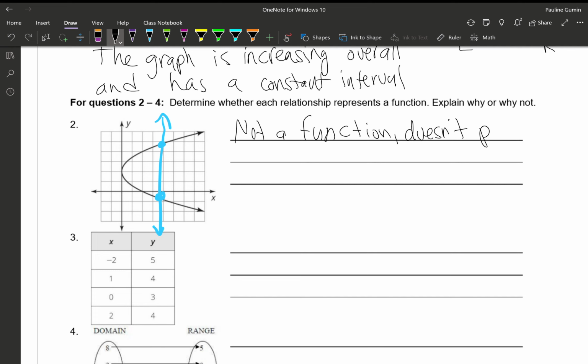Doesn't pass the vertical line test. So if that vertical line only crossed once, then it would be a function.